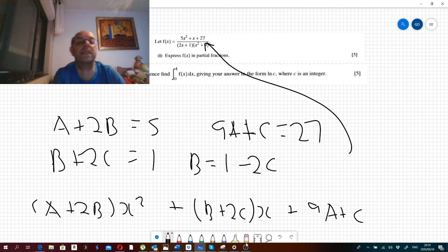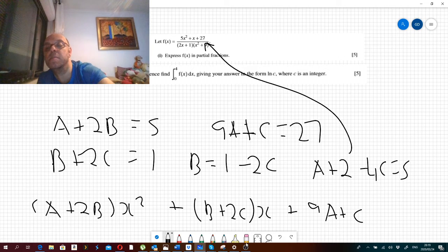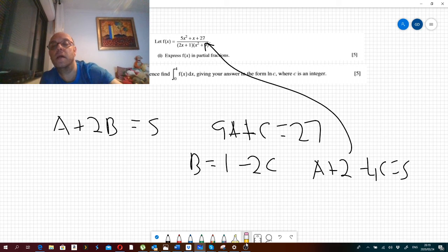And then we'll replace that in the first equation, A plus 2b equals 5. So that will be A plus 2 minus 4c equals 5, which gives us A minus 4c equals 3.